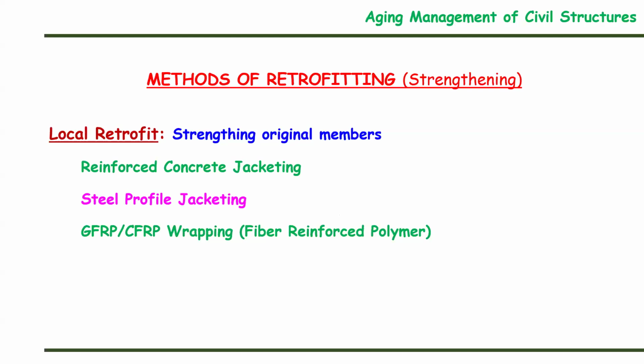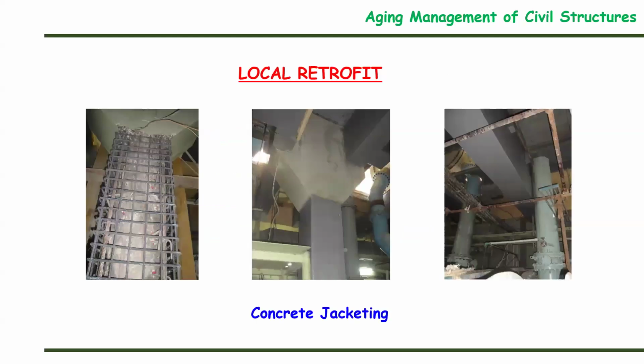In local retrofit, we strengthen the original member itself. The strengthening can be carried out either by reinforced concrete jacketing or steel jacketing or FRP wrapping. This slide shows the concrete jacketing of column, beam column junction and beams as an example of local retrofit.